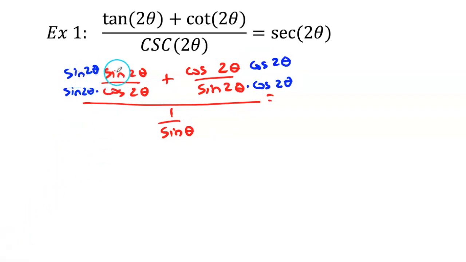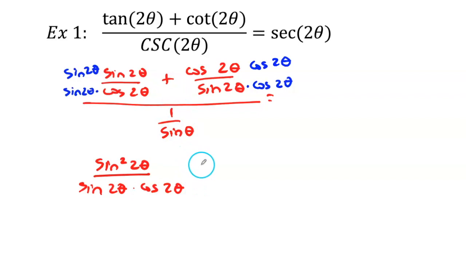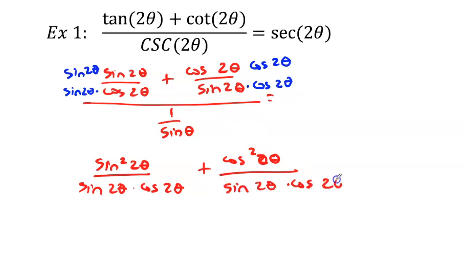So sine times sine gives me sine squared of 2 theta divided by sine times cosine of 2 theta, plus, on the top, cosine times cosine gives me cosine squared of 2 theta, and the bottom, sine 2 theta times cosine of 2 theta.